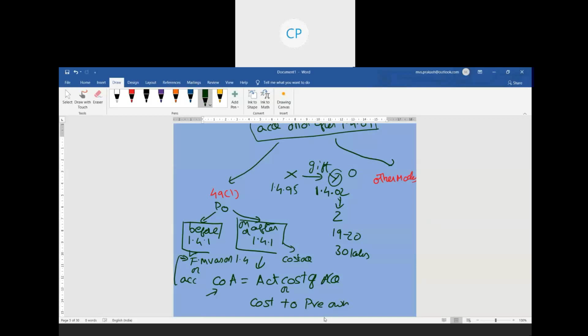Now as you are acquiring the asset after 1st April 2001, what does the provision say? Actual cost of acquisition or cost to the previous owner shall be taken as your cost of acquisition. Clear? Any doubts so far? So that's what is called the cost of acquisition.